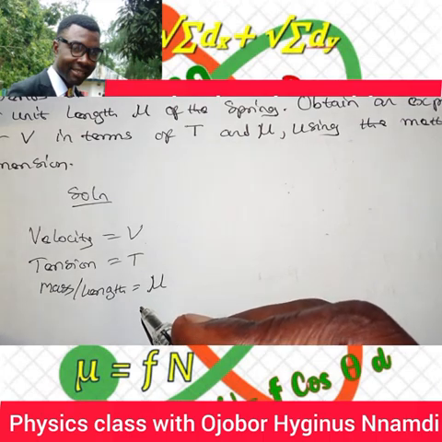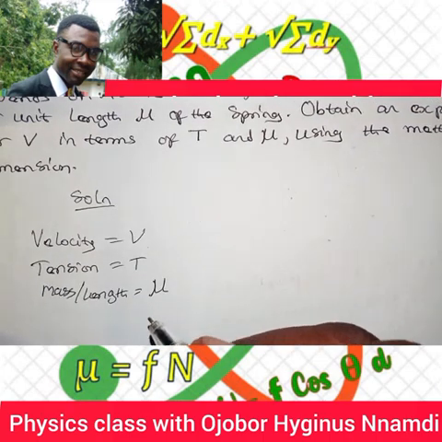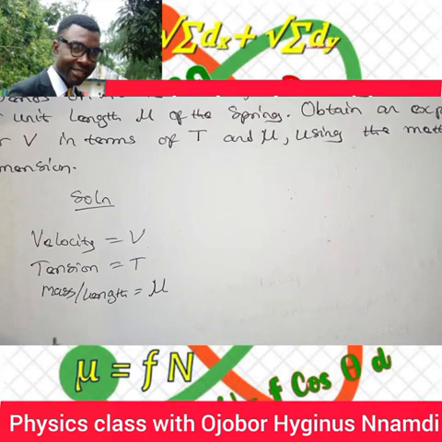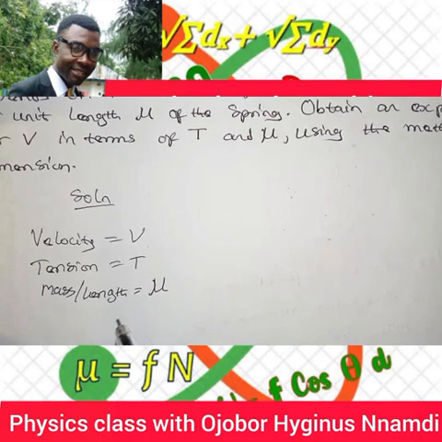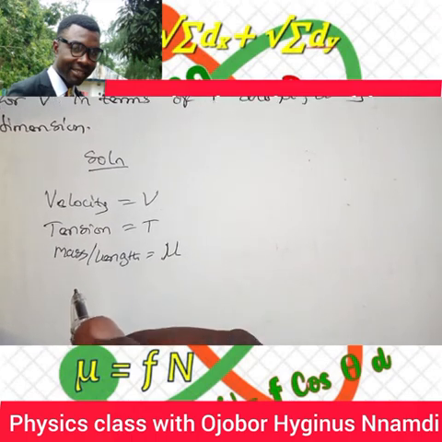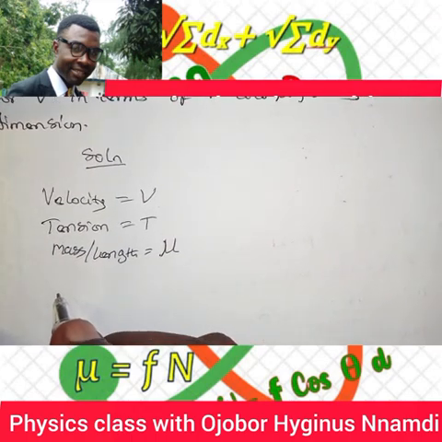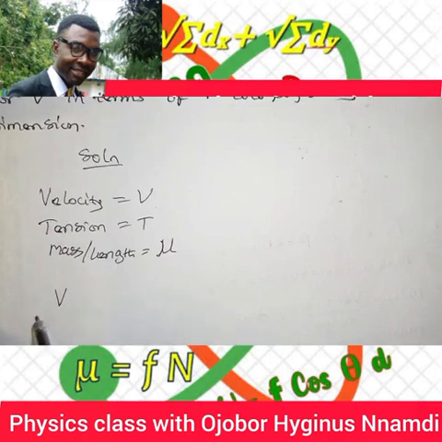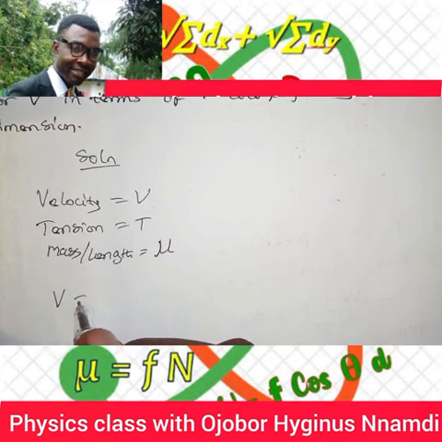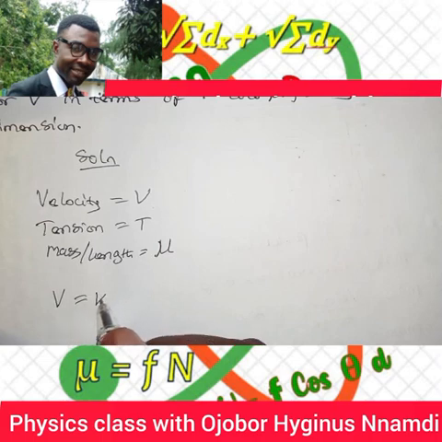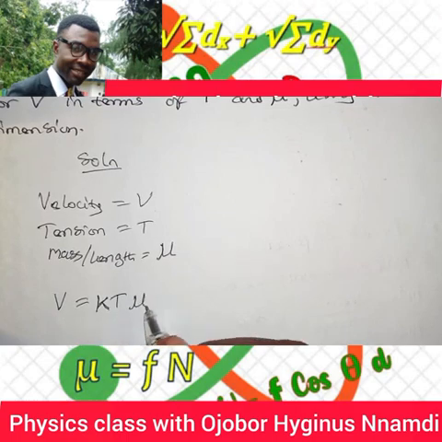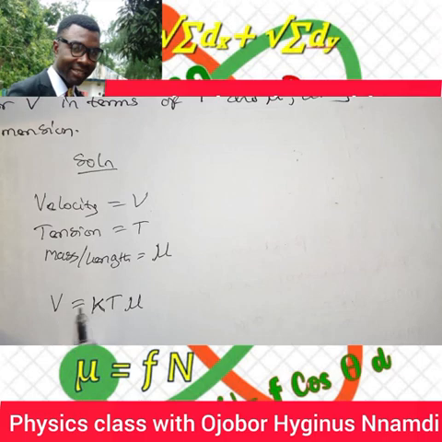Obtain an expression for v in terms of T and mu. When they say obtain an expression for v in terms of T and mu, it means we should write a formula that contains v, T, and mu, where v is the subject of the formula.